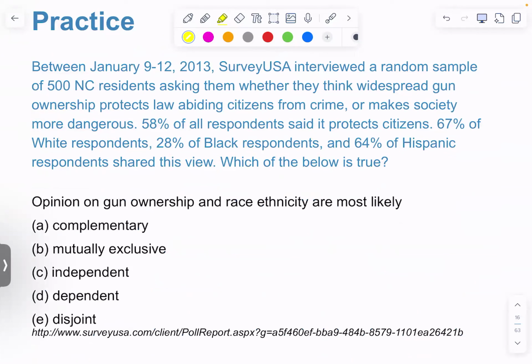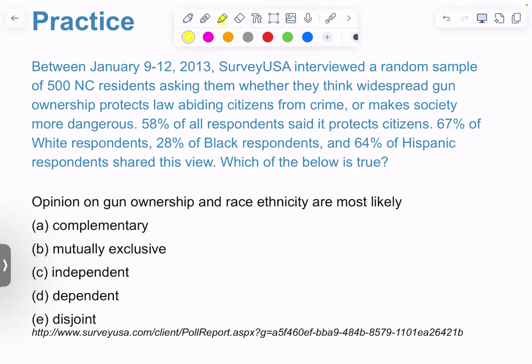Gun control. All right. Between January 9th and 12th, 2013, Survey USA interviewed a random sample of 500 North Carolina residents, asking them whether they think widespread gun ownership protects law-abiding citizens from crime, that's a total run-on sentence, or makes society more dangerous.